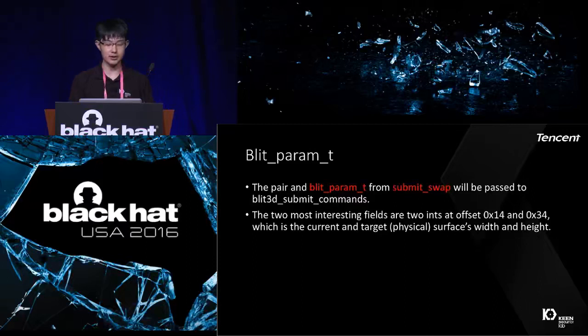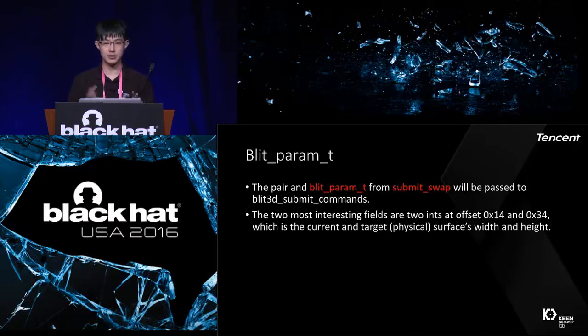An important parameter for the blit operation, which is the function blit 3D submit commands, is a blit param T. The blit param T is actually a very big structure. I believe it has hundreds of bytes, and we used reverse engineering to deduce some fields. The most interesting two are the two ints at offset 14 and offset 34, which are the target surface.